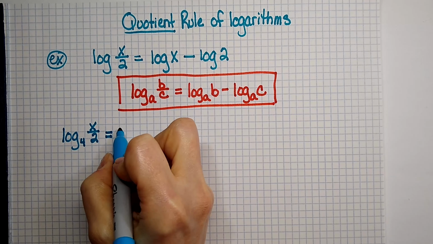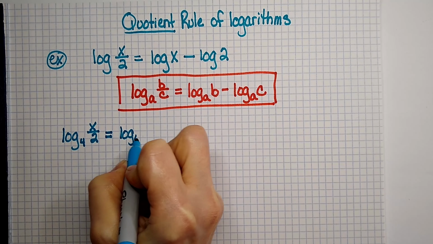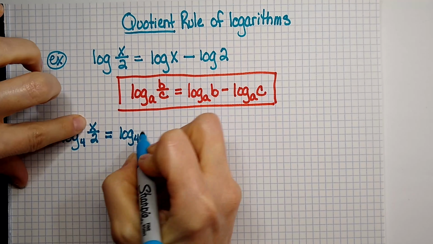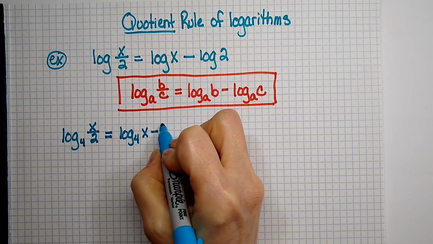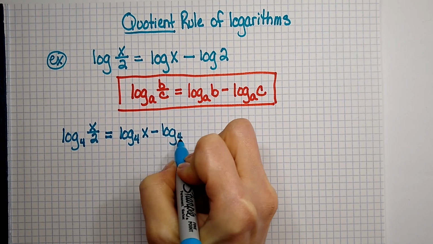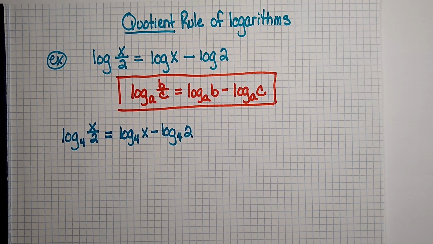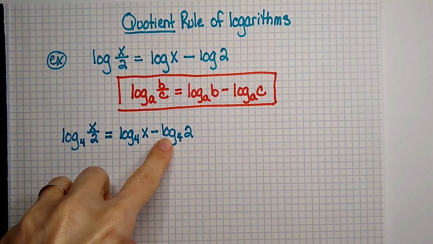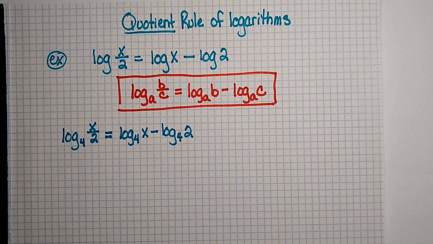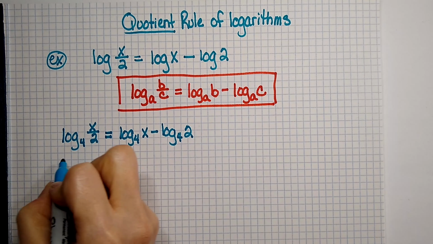And so I can say log base 4, remember I put the top number first, of x minus, and again, this is base 4, so I have to make sure I write that, log base 4 of 2. And I'm sorry, my L and my O keep attaching, and it looks like BG. That's not what it is. It's LOG.